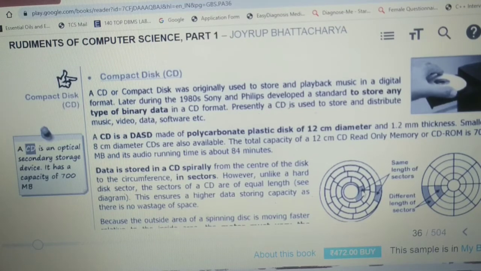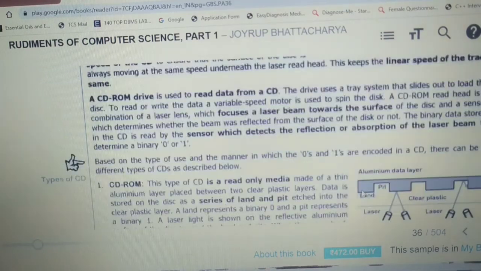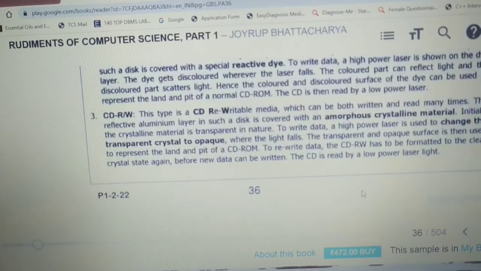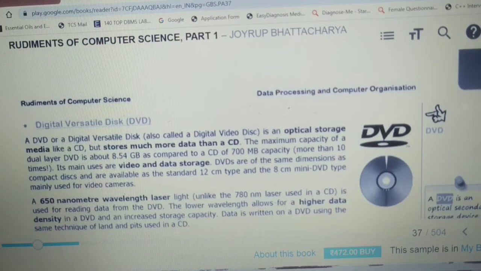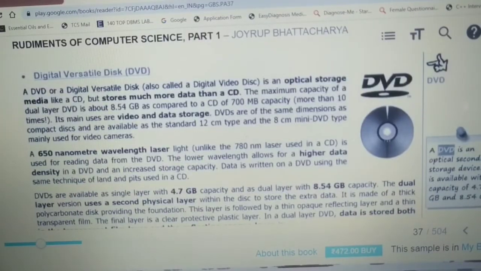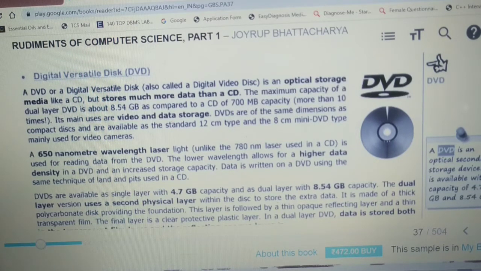Now coming to the DVD. Digital versatile disc, that is DVD, or we can say digital video disc also, is an optical storage media like CD, but it stores much more data than the CD. The phenomenon is the same, DVD and CD do the same work, but the difference is that DVD has much larger storage.